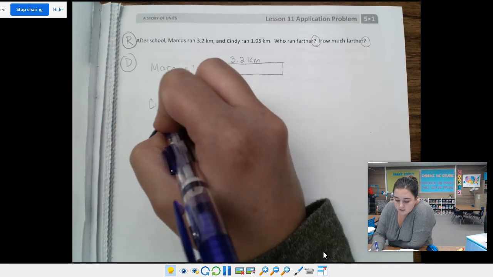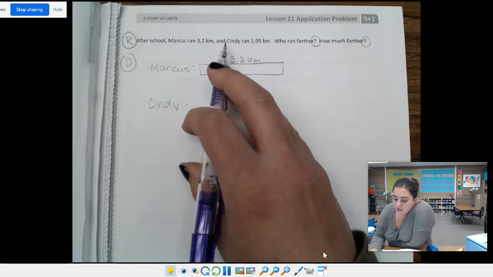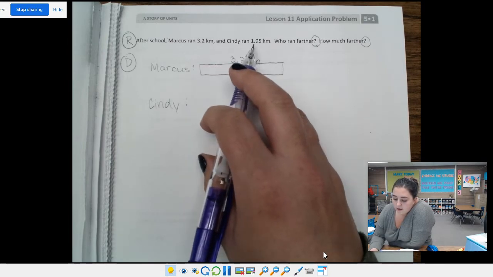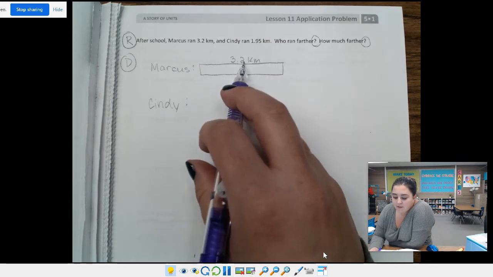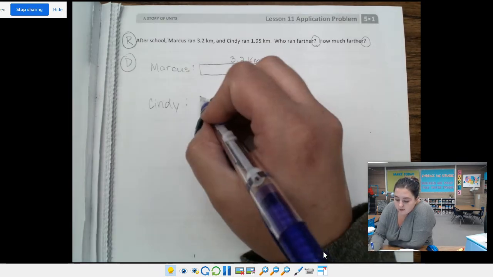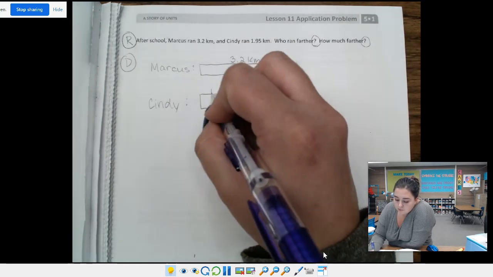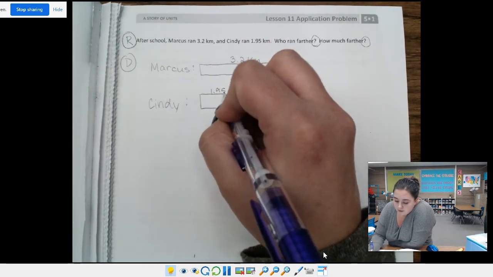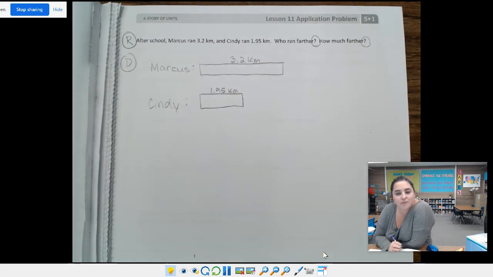Cindy is our second person. Cindy ran 1 95/100 kilometer. So I know 1 95/100 would be smaller than 3 2/10. So I'm going to draw a tape diagram to make it smaller. That's 1 95/100 of a kilometer.